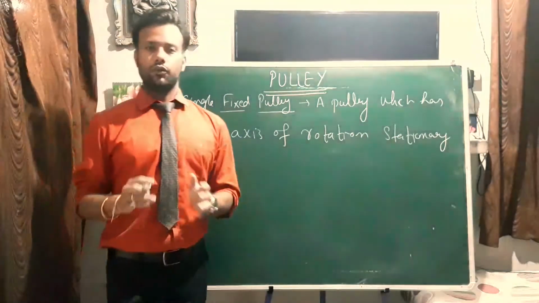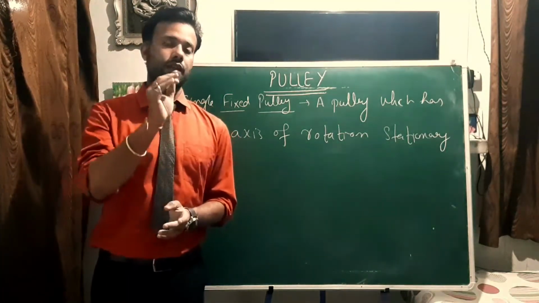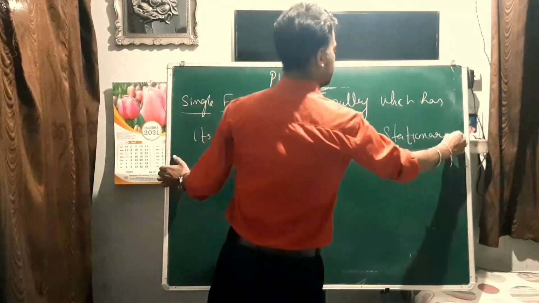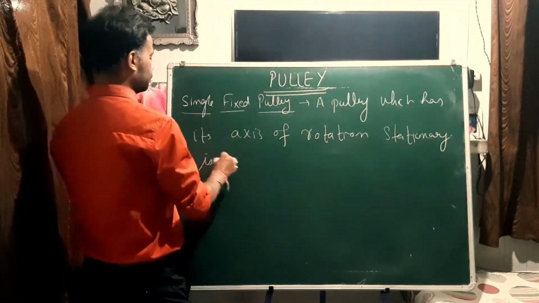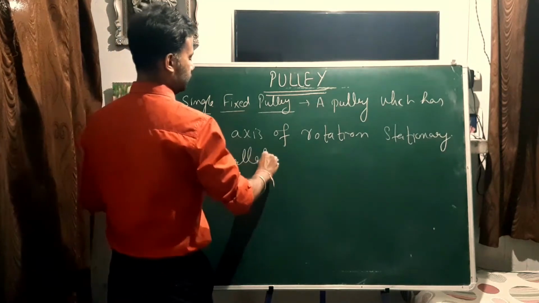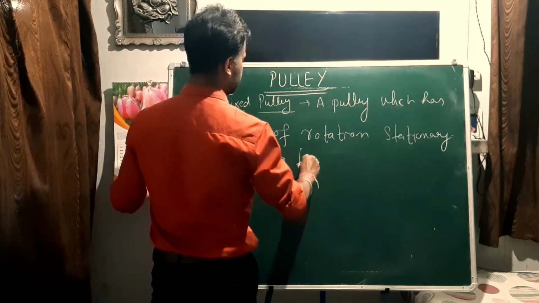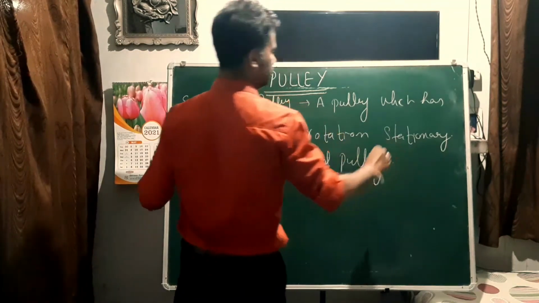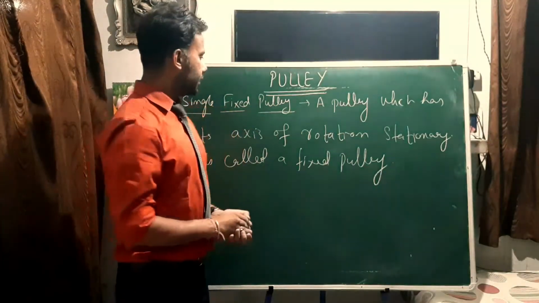That means the rotation axis is not moving, it is fixed at a point. It's called a fixed pulley. Okay, this is the definition.